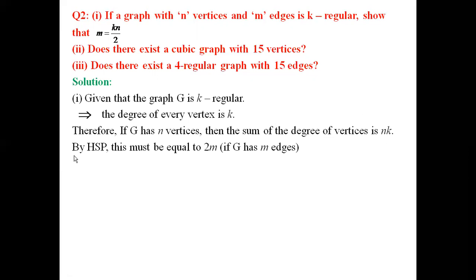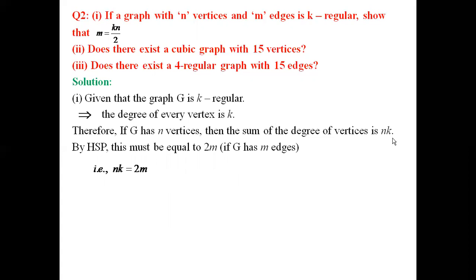By handshaking property, this must be equal to 2 into m. Suppose G has m edges in the graph, then applying the handshaking property, the sum of the degrees of the vertices must be equal to twice the number of edges in the graph. So that is why this should be equal to 2 into m. Symbolically, we can represent it as n into k equal to 2 into m.